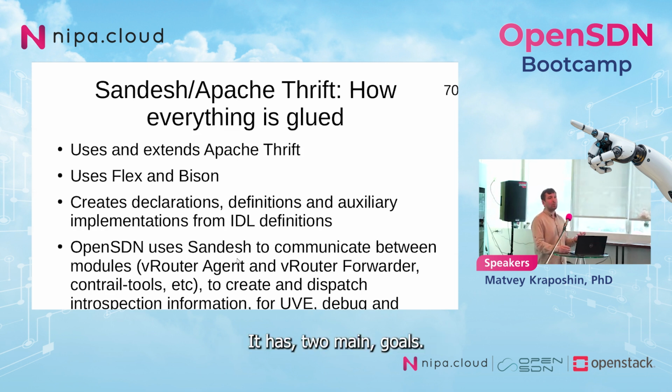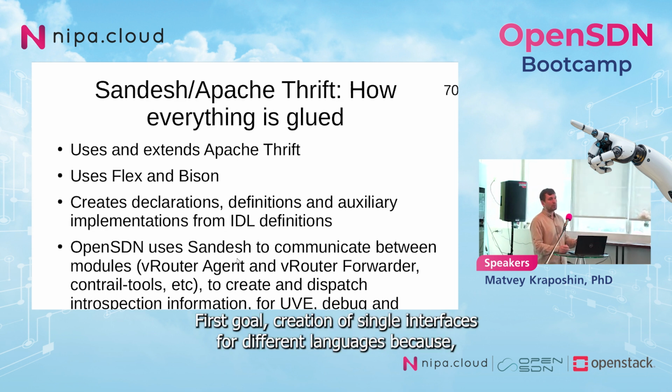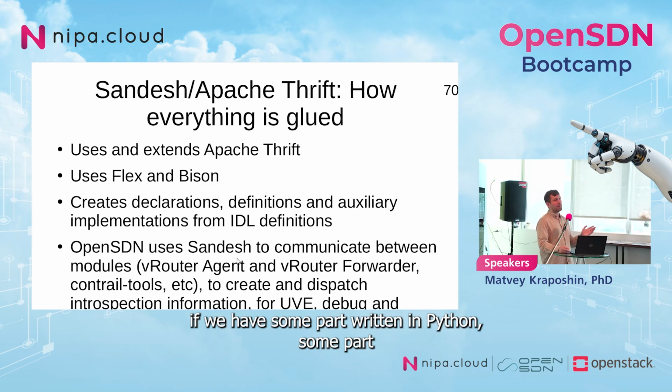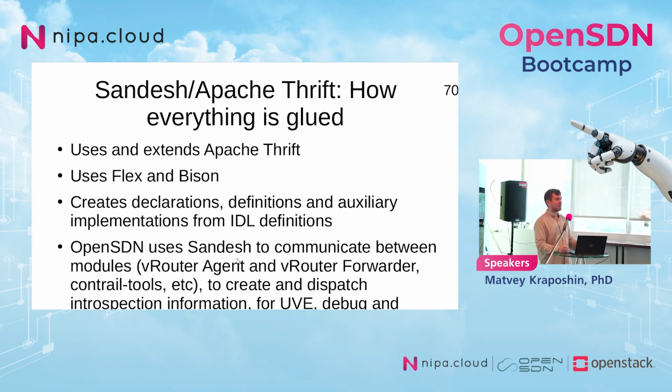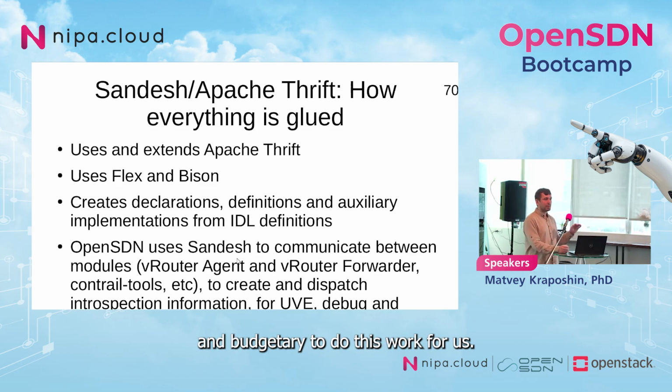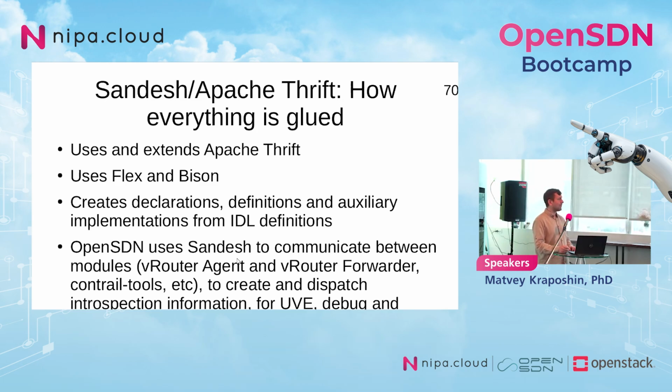It has two main goals. The first goal is the creation of single interfaces for different languages, because if we have some parts written in Python, some in C, some in C++, we need some tool to synchronize interfaces between different languages. And Apache Thrift does this work for us.